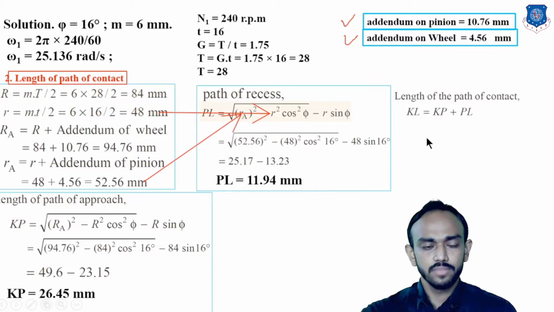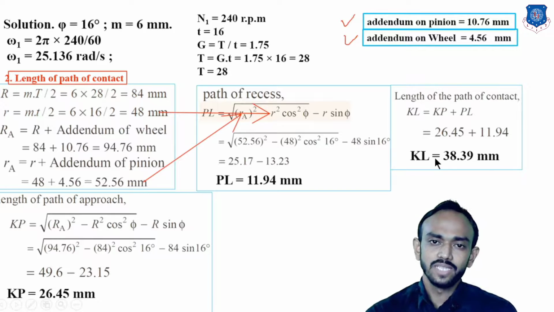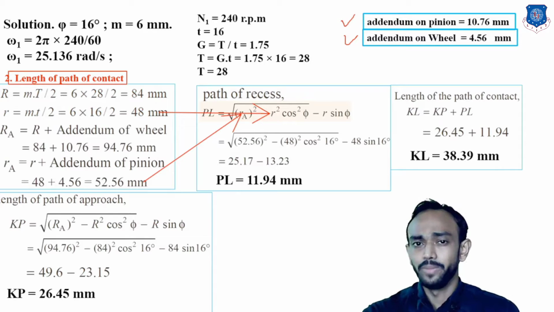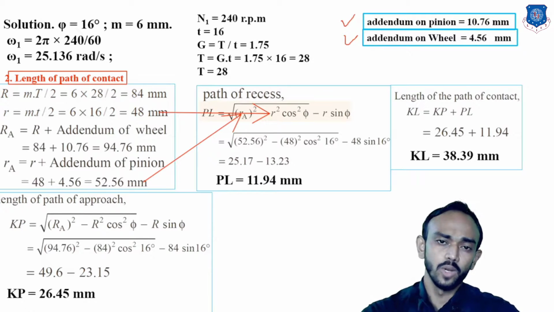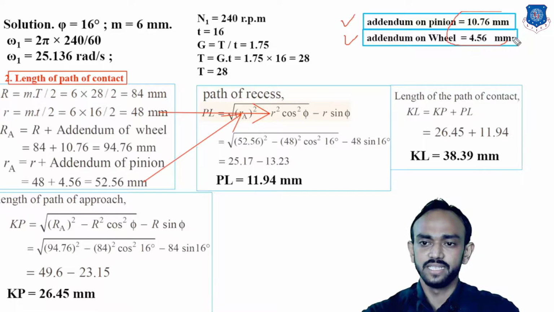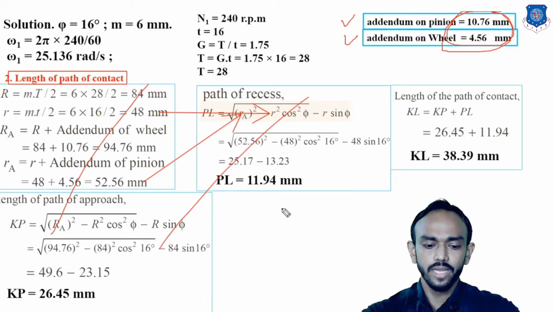And KP plus PL is equal to KL, the length of path of contact, which is 38. So always remember that the minimum number of teeth equation is very important. If you make any mistake in that formula, your total answer will be wrong.